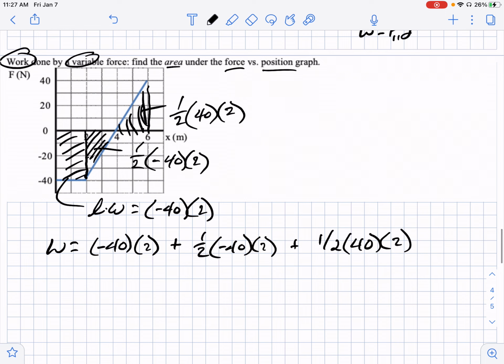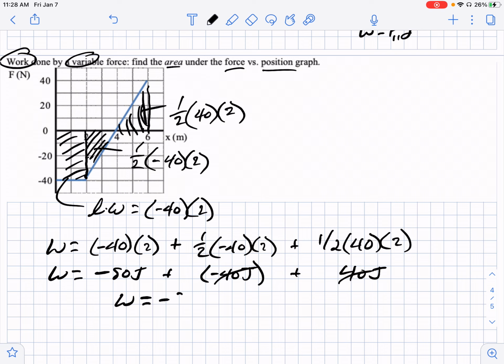So when I start solving for all these, we get negative 80 joules, plus we have a negative 40 joules, plus we got a positive 40 joules. So these two will cancel out, and the work done here is just negative 80 joules.